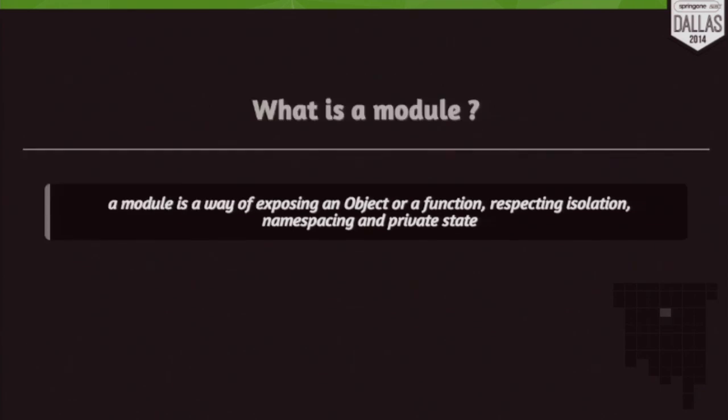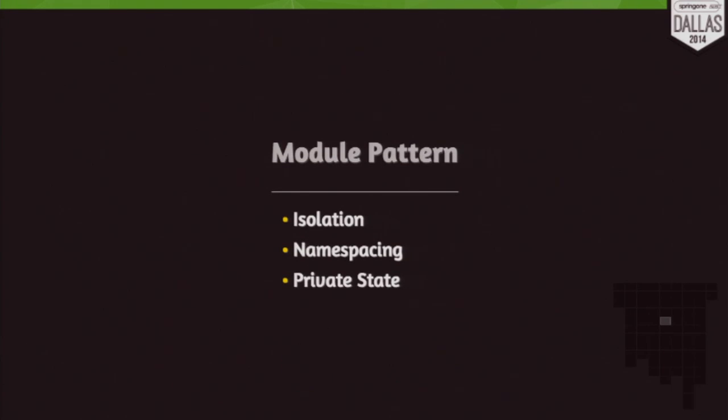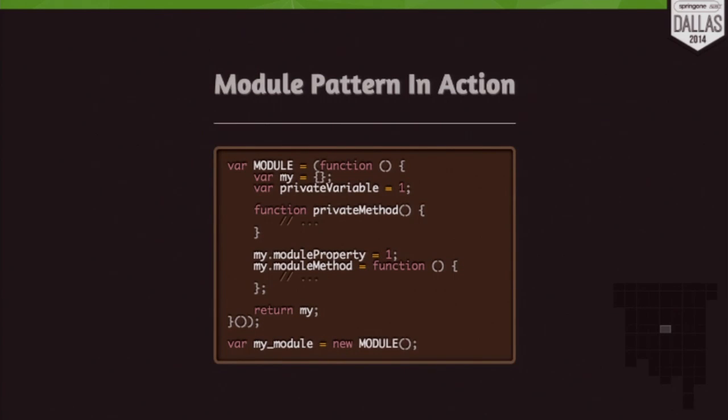So in JavaScript, there is this idea of having the module pattern with these three things, so isolation, namespacing, and private state. I put a simple example here in JavaScript where we create a module at start, and inside this module, what we do is we have this private variable. So var privateVariable equals 1, and this one is really private.